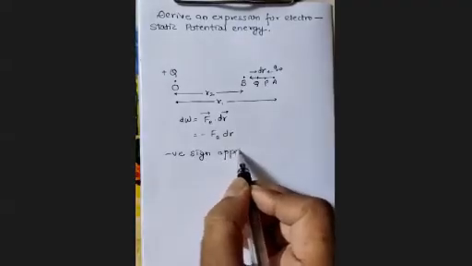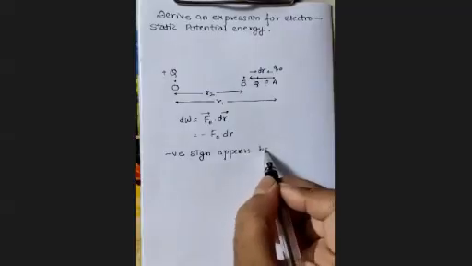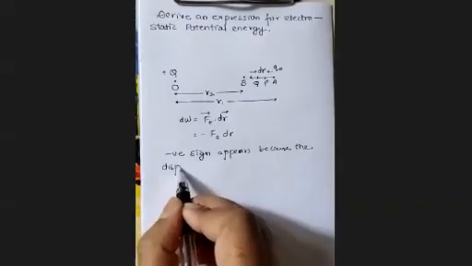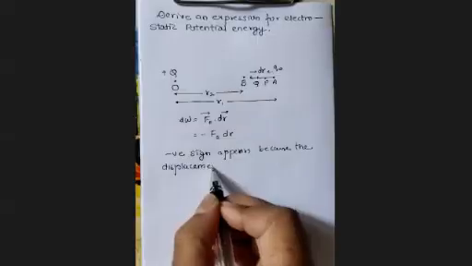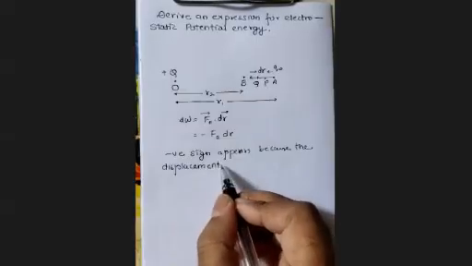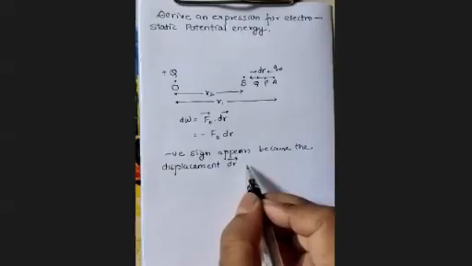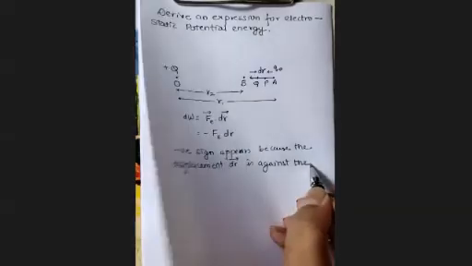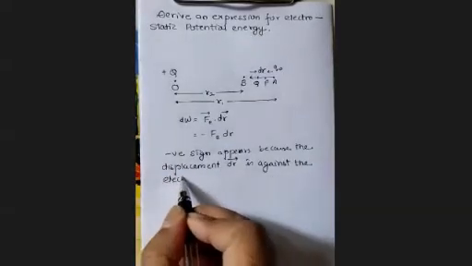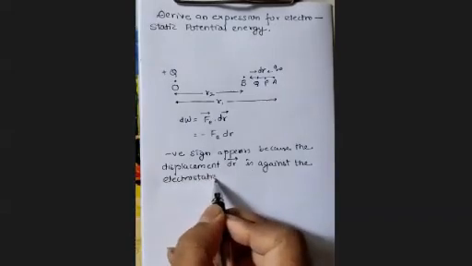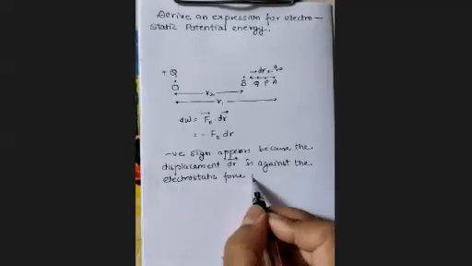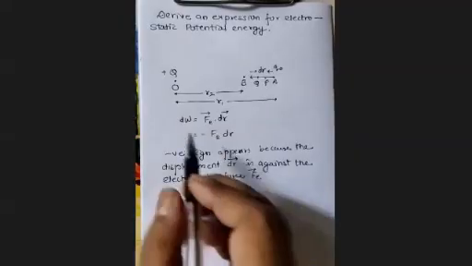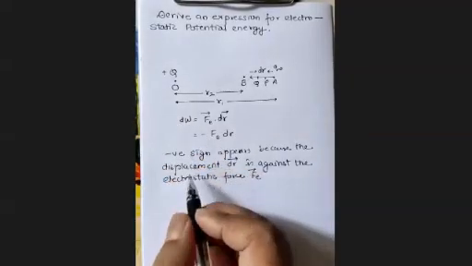Here the negative sign appears because the displacement dr is against the electrostatic force Fe. So this work is stored in the form of energy.